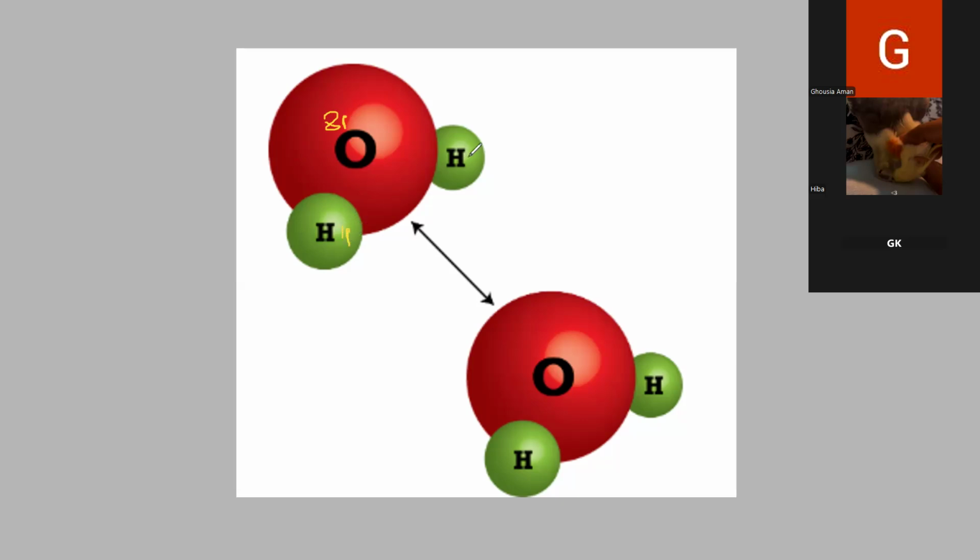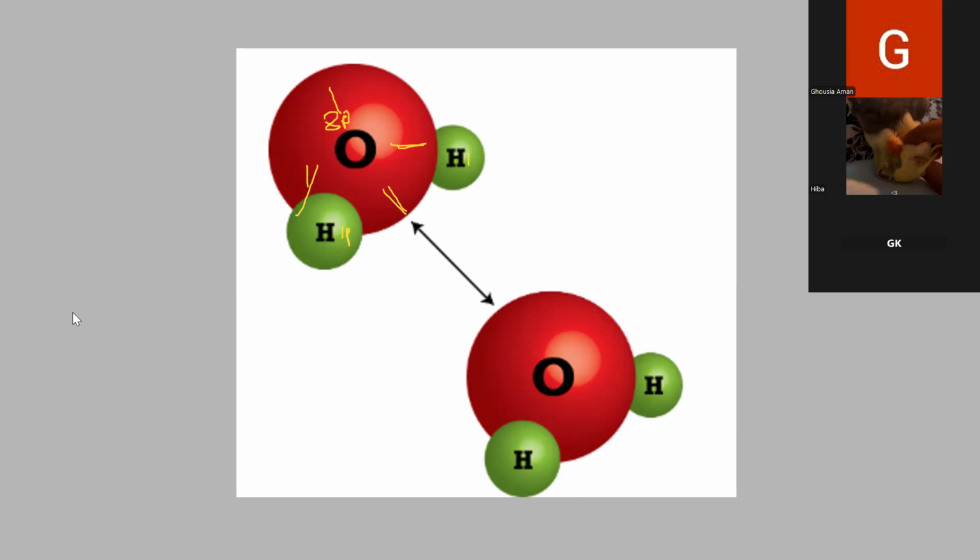So all the electrons will naturally be attracted to the side of the oxygen, because oxygen has more positively charged particles. It will try to attract all the electrons towards its side, so all the electrons are slightly tilted to the side of oxygen.